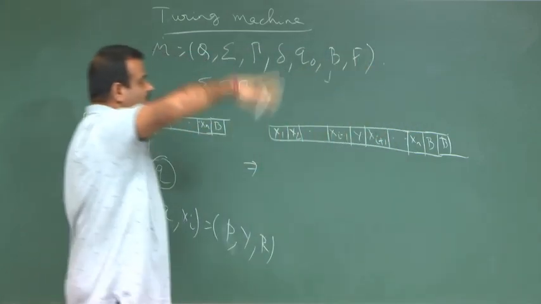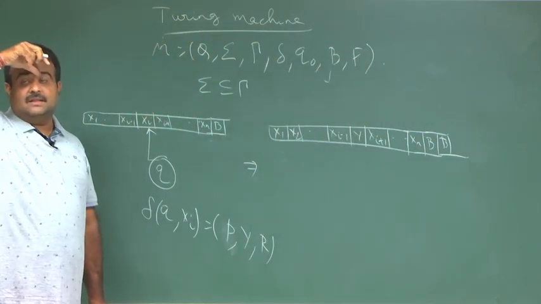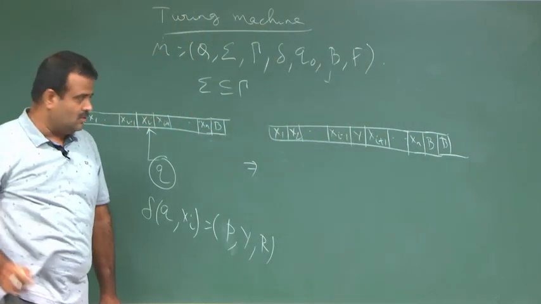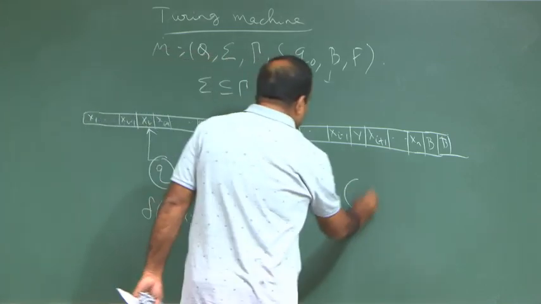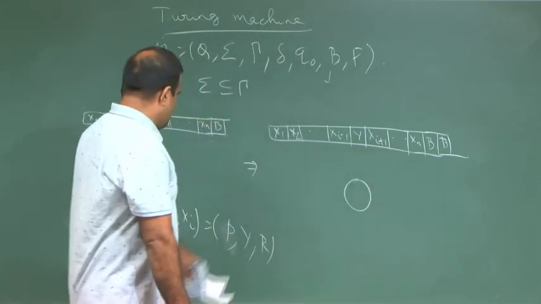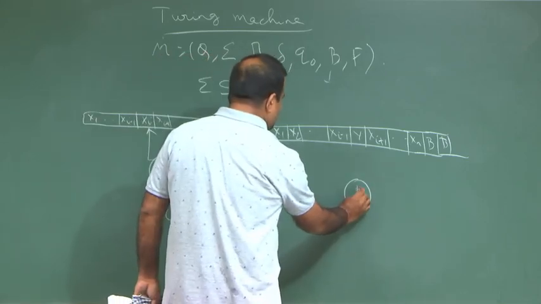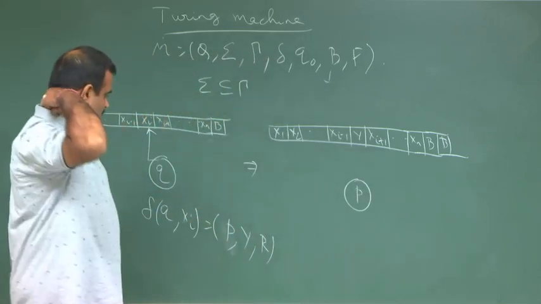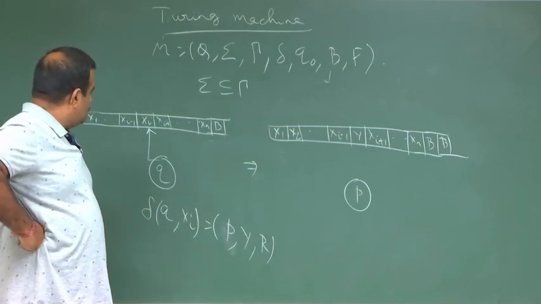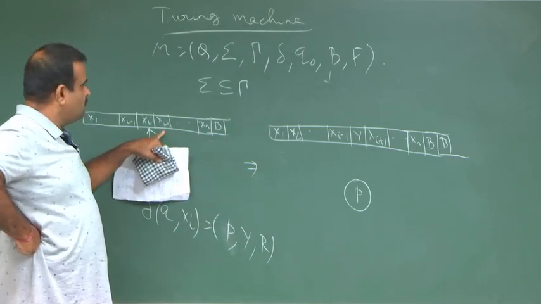The tape is unlimited, each cell can contain a symbol. Now our state has moved to p, and the tape head is pointing to the right. So, it was pointing here, and now it will point to here.